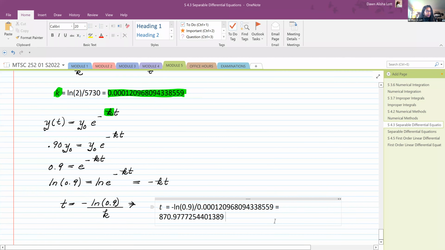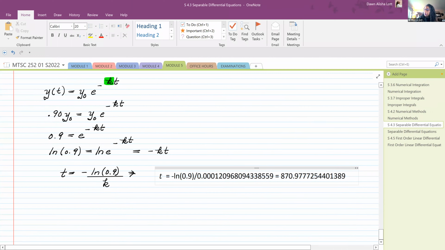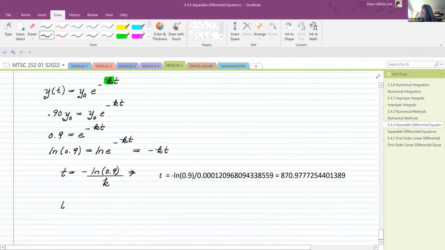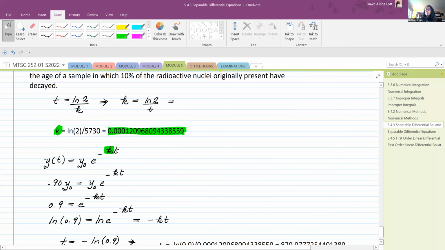This specimen is approximately 871 years old. So for us, t is approximately 871 years. That's how old the specimen is. Any questions about that?